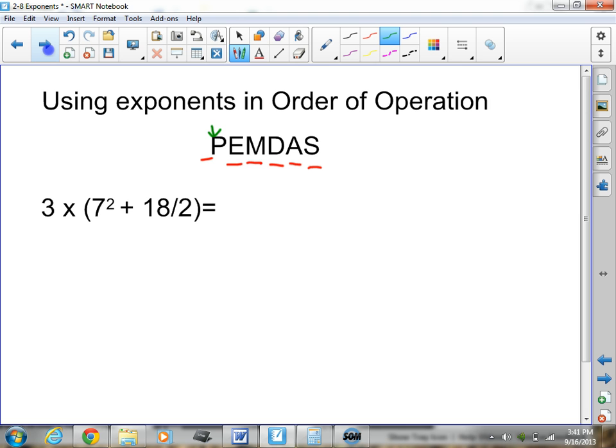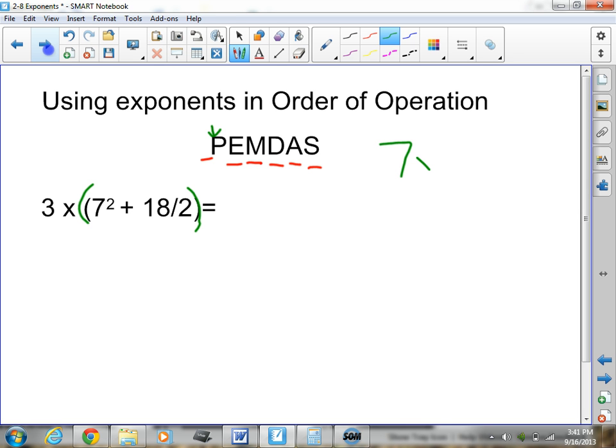So I need to look at my parentheses. In my parentheses I have 7 to the power of 2 plus 18 divided by 2. Well, I can't quite do the parentheses until I do everything else inside the parentheses. And so I need to look at my exponent there. What is 7 to the second power?